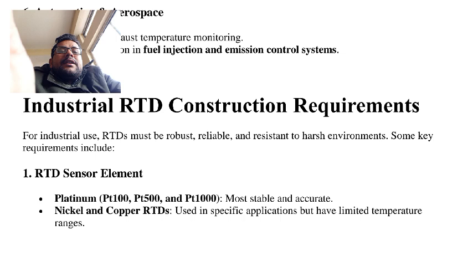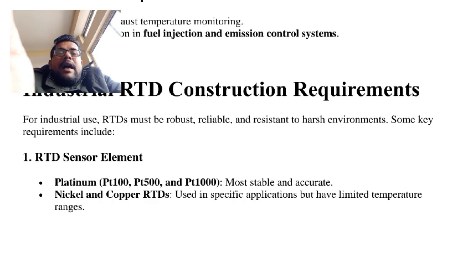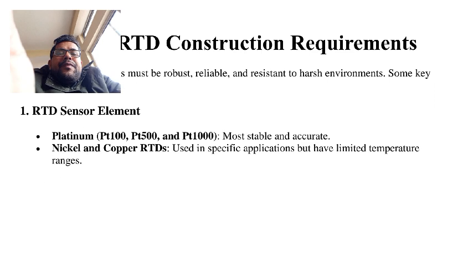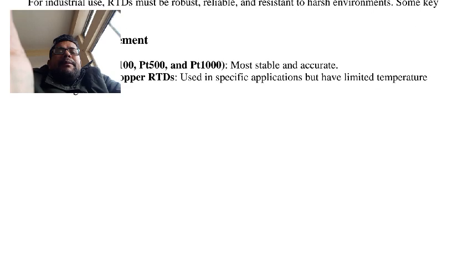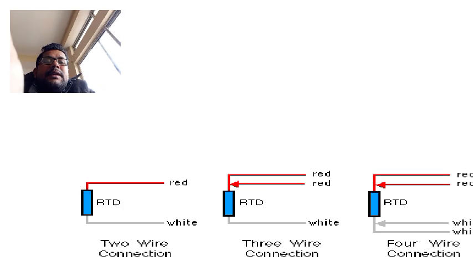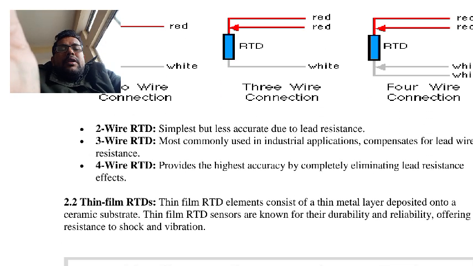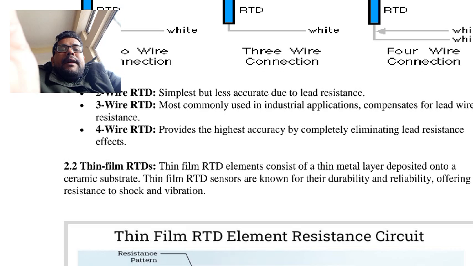Now the industrial construction of RTD. First is the RTD sensing element. Generally it is platinum, 100, 1000 and 500 ohms based on the requirement. Sometimes we can use copper or nickel. Based on the connection, we can use 2-wire or 3-wire, or we can use the thin film RTD.